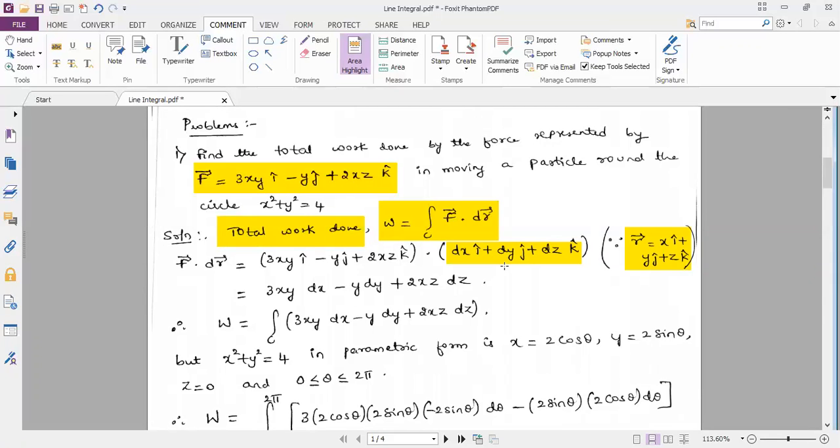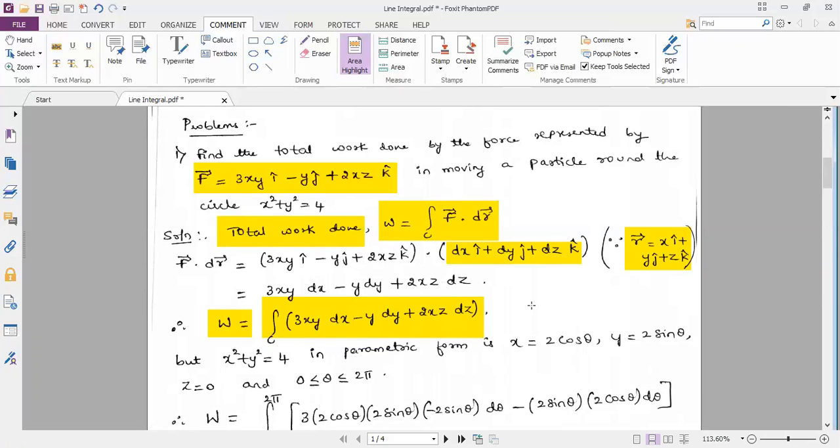The rest of the dot products are 0. So we obtain 3xy dx minus y dy plus 2xz dz.